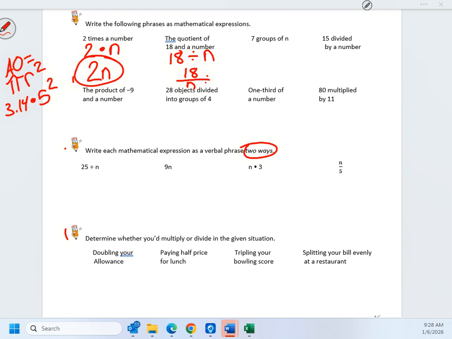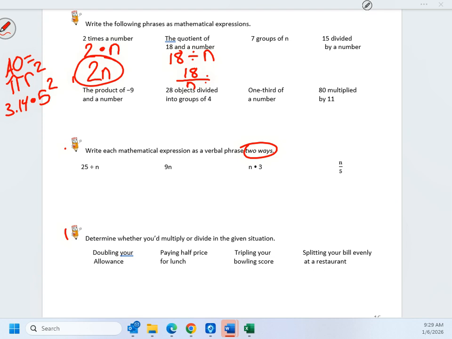If we're going to double how much we get, what does it mean to double, Leo? Multiply, because it's getting bigger. So if it's something that's going to get bigger, we're going to multiply. If it's getting smaller, we're breaking it down. We are dividing. Okay, so if it's something that's going to go down to a smaller number, it means divide. Something that's going to a bigger number, you multiply.